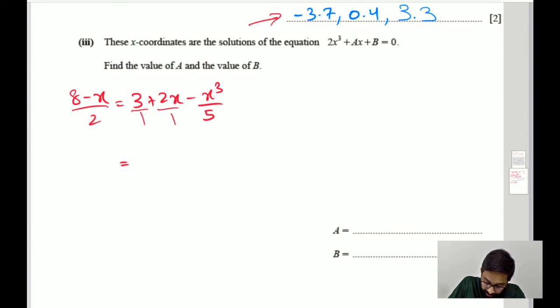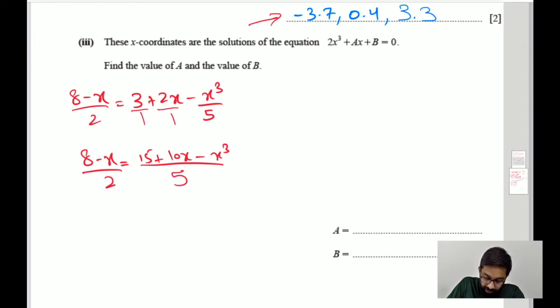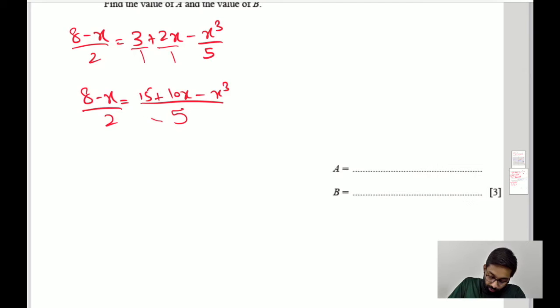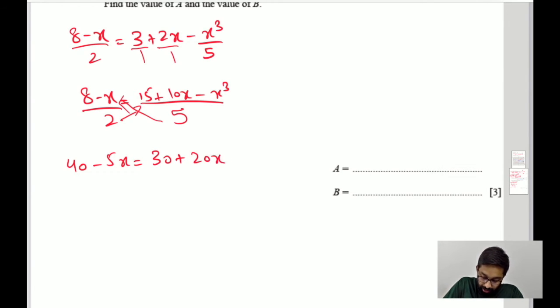So when we find the LCM, I write 5 as the common denominator. 5 multiplied by 3 gives you 15. 5 also multiplied by 2x gives you 10x minus x cube, and this is equal to 8 minus x over 2. Now we cross multiply the 2 and the 5. So when 5 gets multiplied by this side, you get 40 minus 5x, and then when 2 gets multiplied on this side, you get 30 plus 20x minus 2x cube.